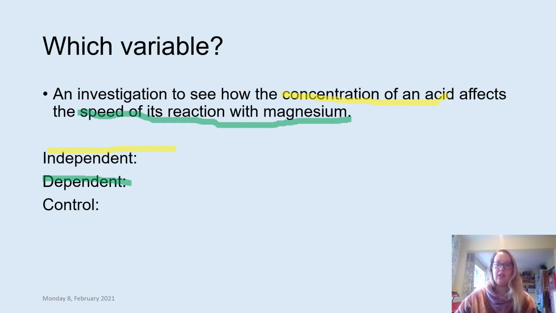So we are changing the concentration of acid during the experiment to see how it affects the speed of the reaction with magnesium. For controls, you'd have to keep the magnesium the same. So make sure that you use the same amount of magnesium on each one, so you'd weigh it beforehand. Also, you need to have the same volume of acid and the same timer, and ideally the same person carrying out the experiment as well.